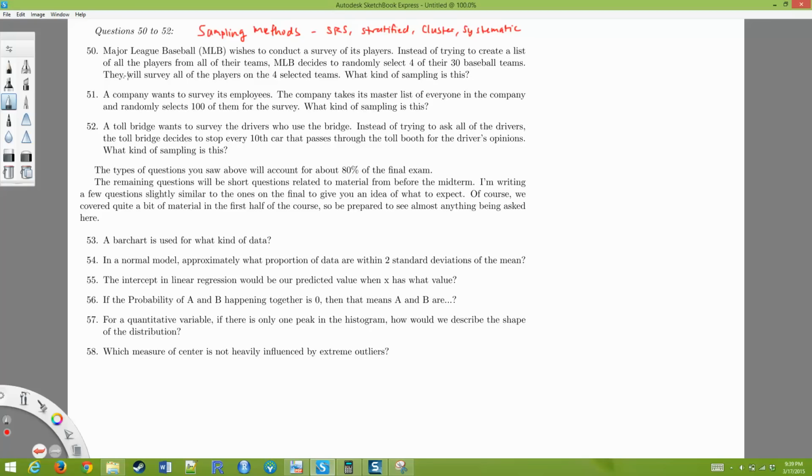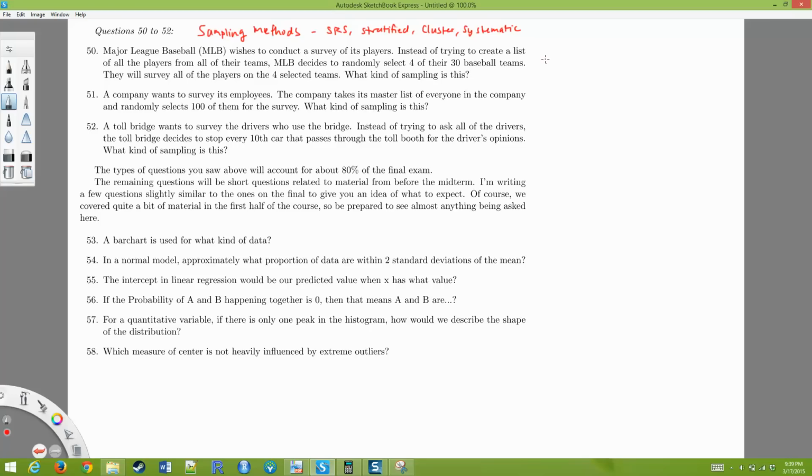Don't shout out your answer. MLB wishes to conduct a survey of its players. Instead of trying to create a list of all the players from all the teams, they decide to randomly select 4 of the 30 baseball teams, and they're going to survey all the players on those 4 selected teams. So what kind of sampling is this?